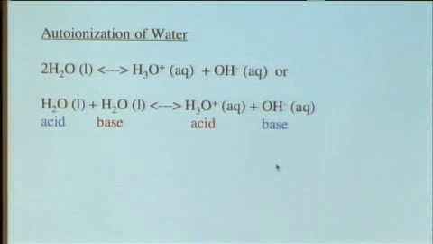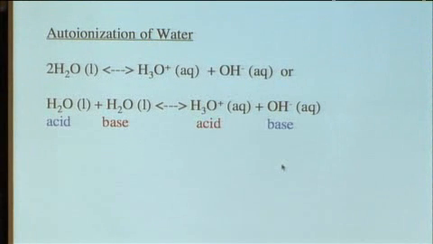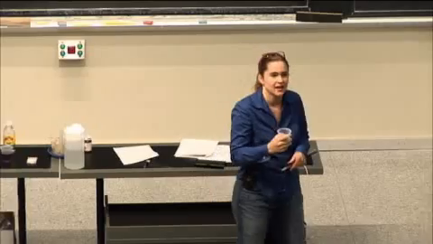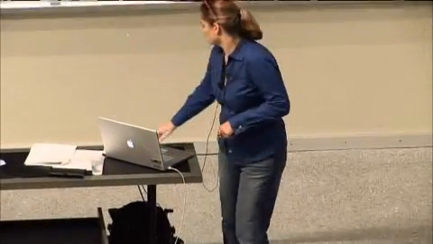So then you can ask the question, how much hydronium ion and how much hydroxide ion are in a typical glass of water? How much H2O is in a glass of water?